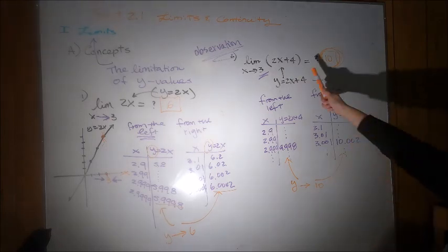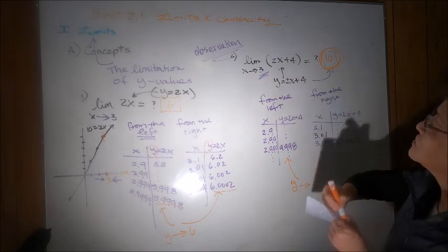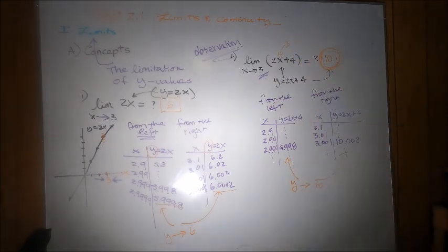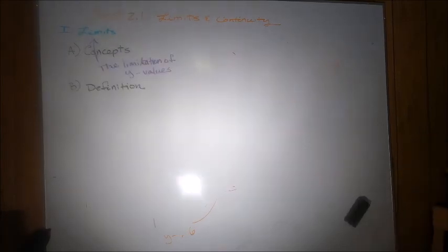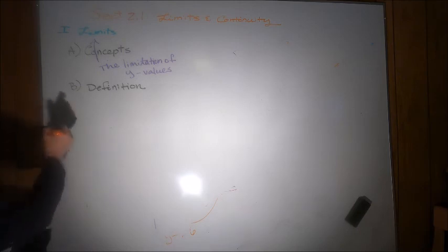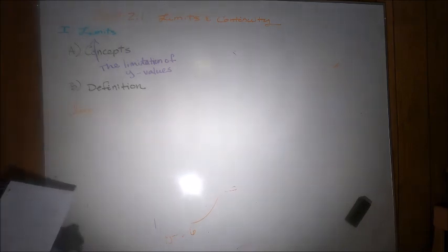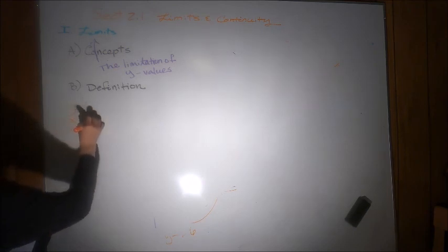And you can see if we plug in 3 directly, then we will get 10. So this is by observation. Now we are going to define it and describe it in a formal way. The notation we use is the limit as x approaches c.